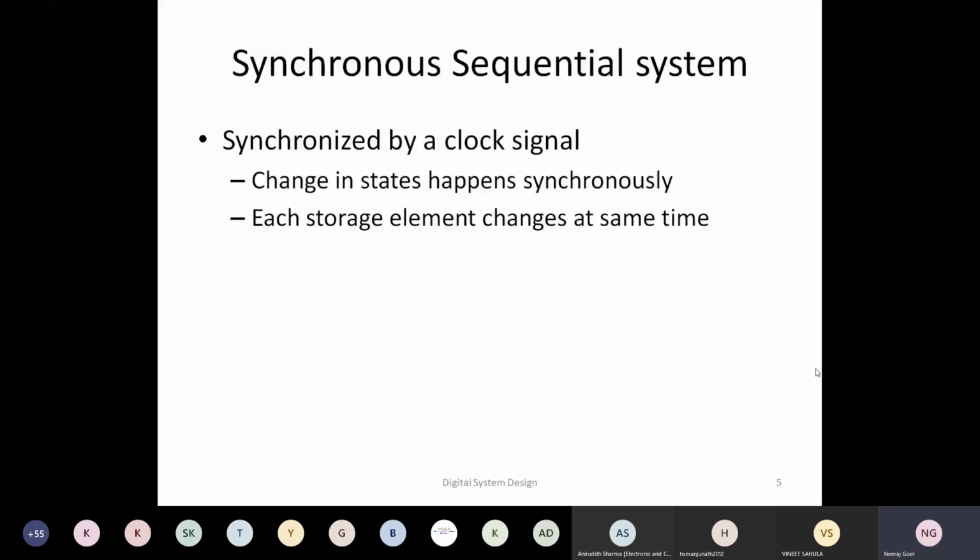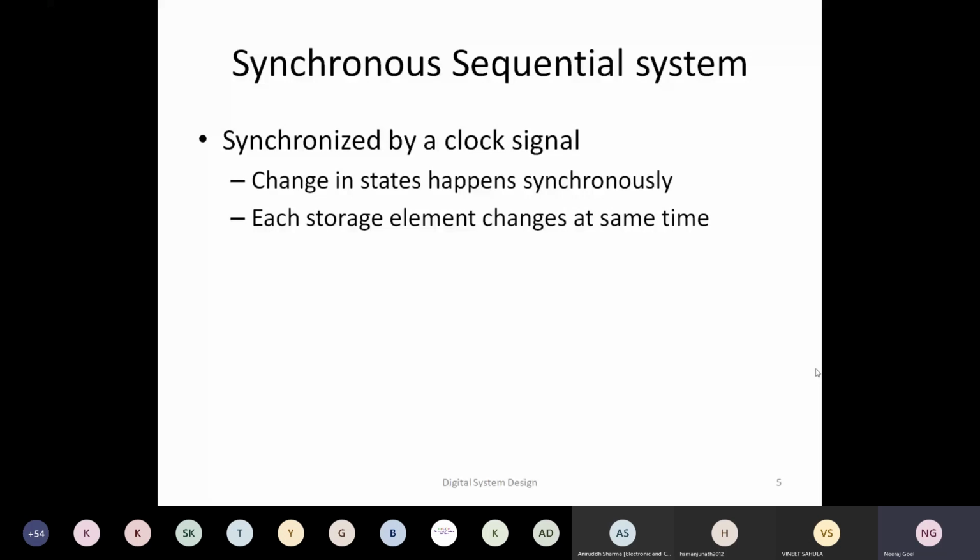So they are all synchronized with the clock. That means all the state transitions will always happen at the same time, whenever the clock changes. Because all these state changes are happening synchronously, states will change from one state to another only when the clock is changing.